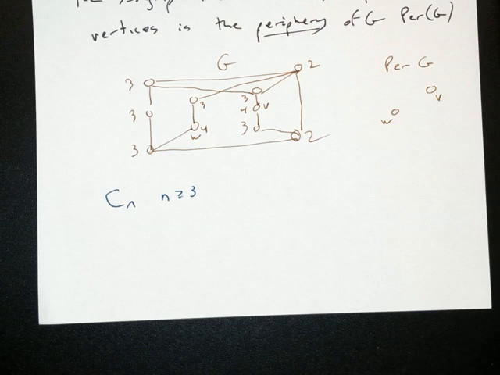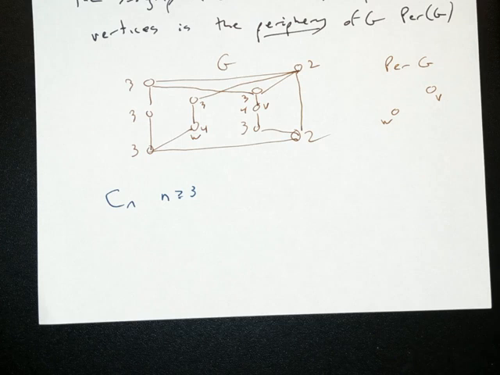Thought it was less than that. Floor of n over 2. Because you can go halfway around from either side, and that's the furthest away you can get.